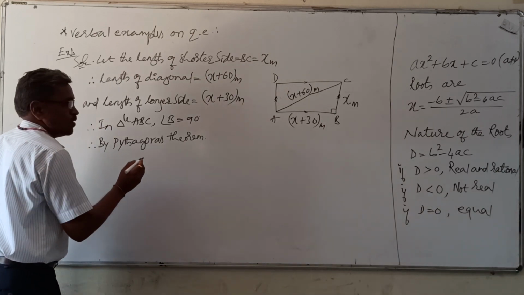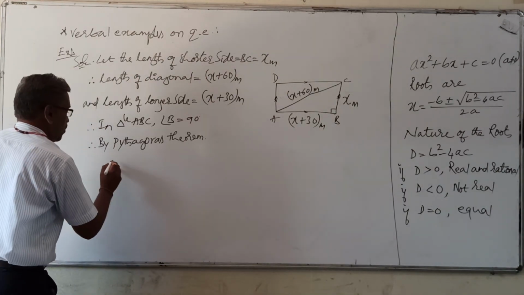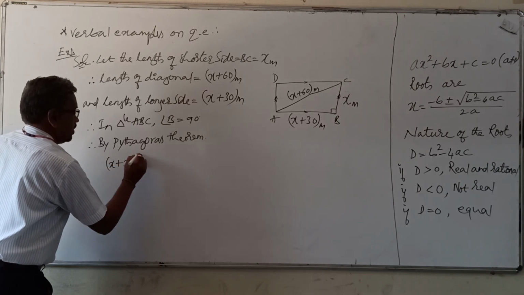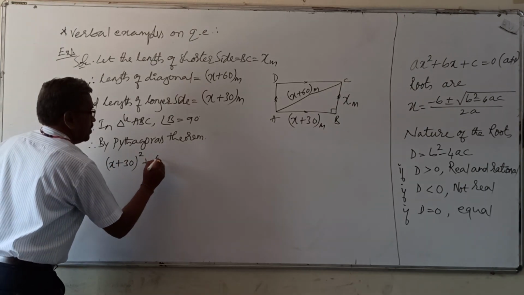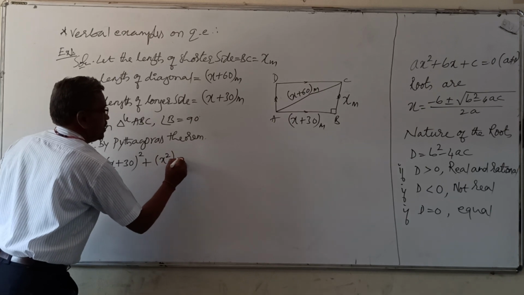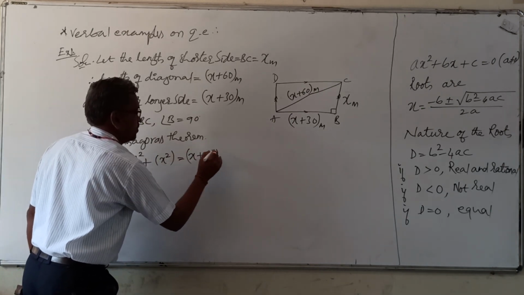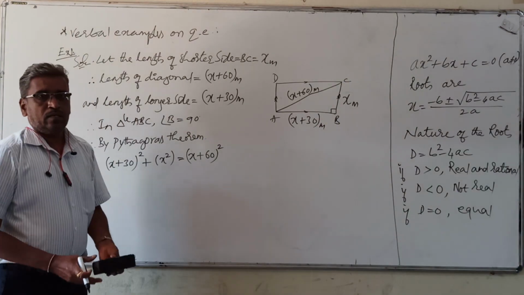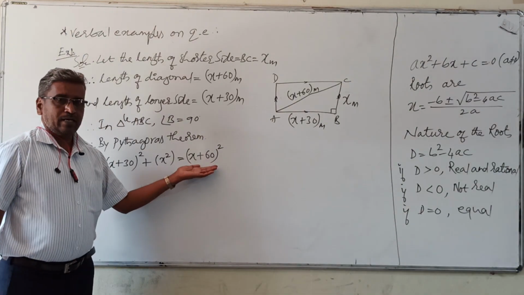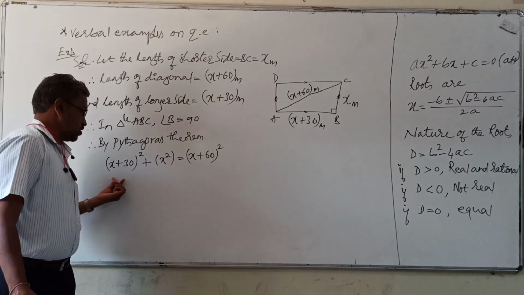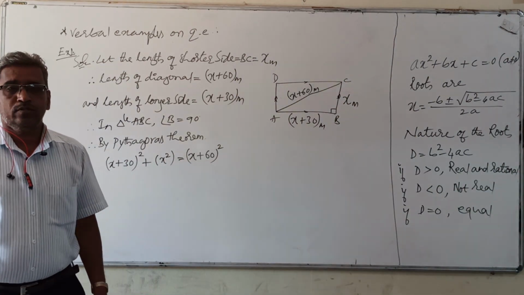Therefore, that is the sum of the squares of the remaining two sides. So now (x plus 30) whole square plus x square is equal to the square on the hypotenuse.